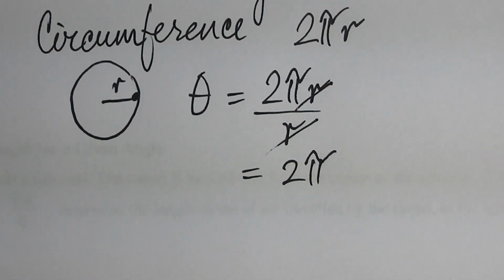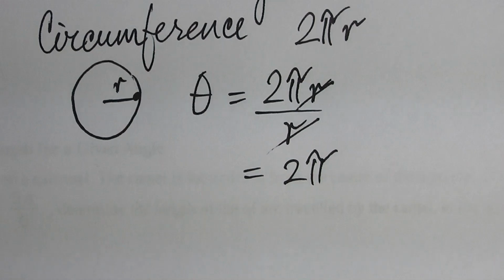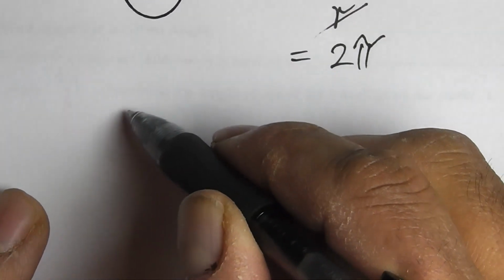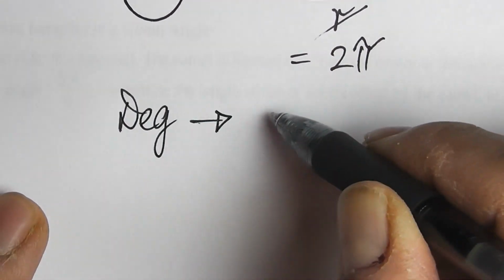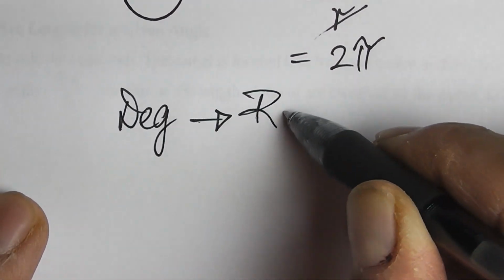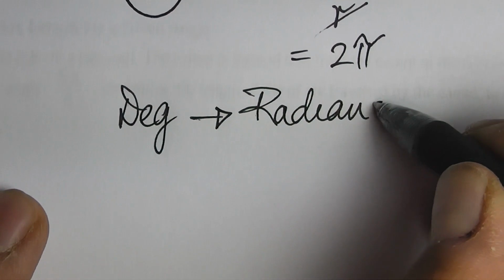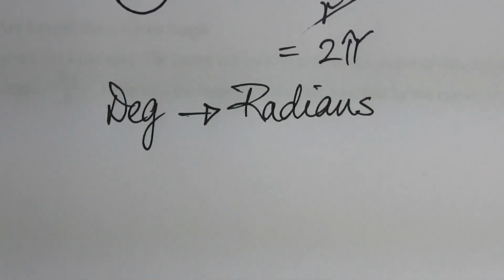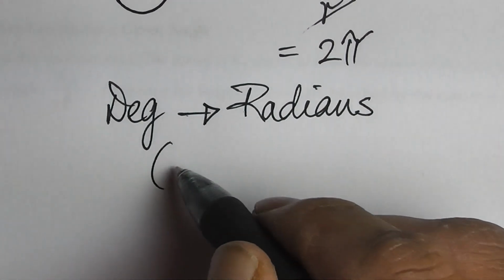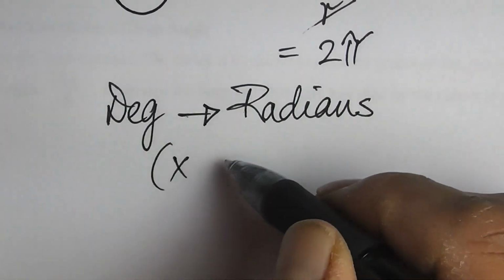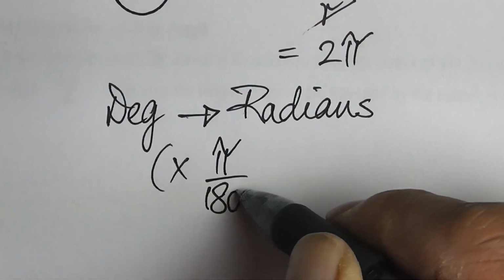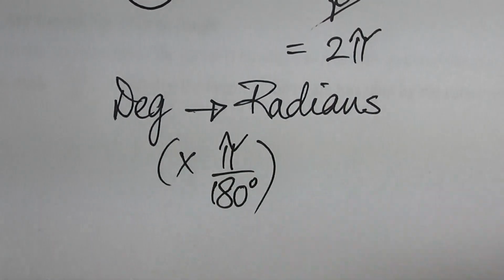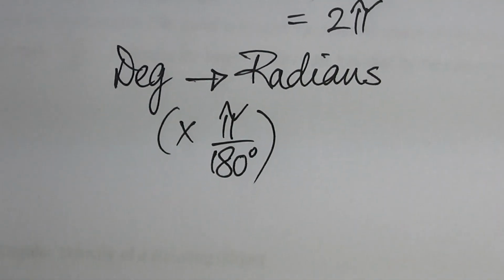So, 2 things that you want to focus on. Is how do I go from degrees to radians? To go from degrees to radians, you multiply by pi over 180 degrees. We'll see some examples in a few seconds.